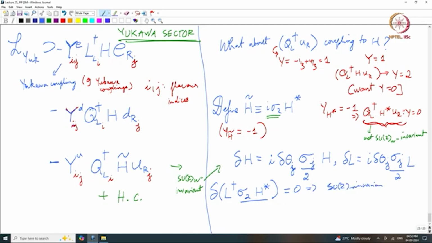So that's what we are checking. Let's see if it's 0. First of all, let me transform just the H field, okay? And I'm going to pull out the delta theta j out of all this, the actual amount by which you change the field, right?